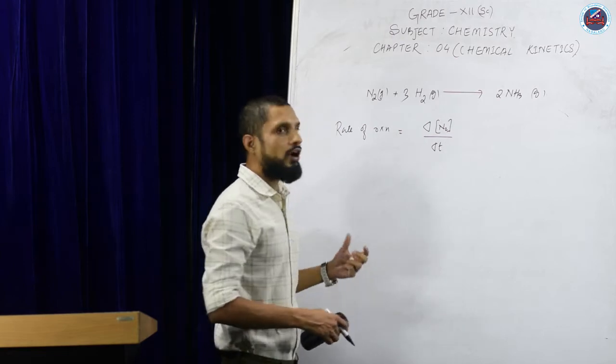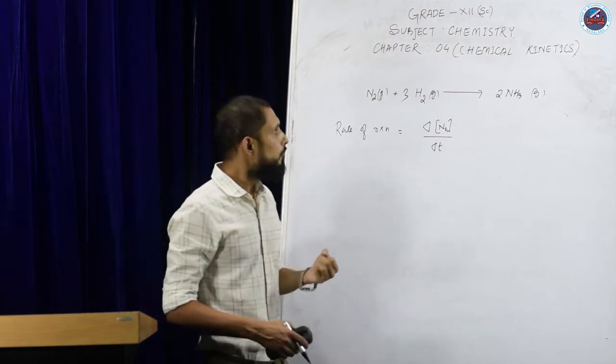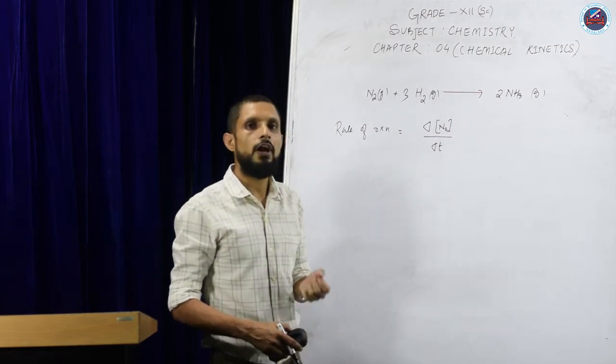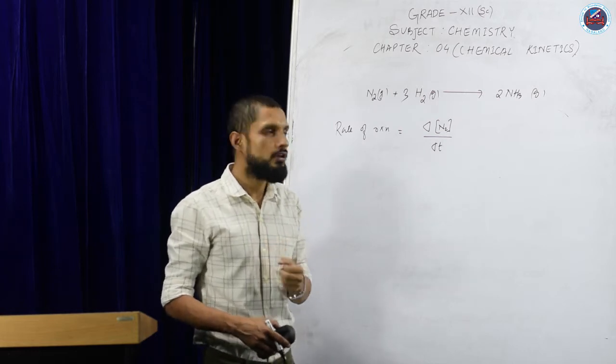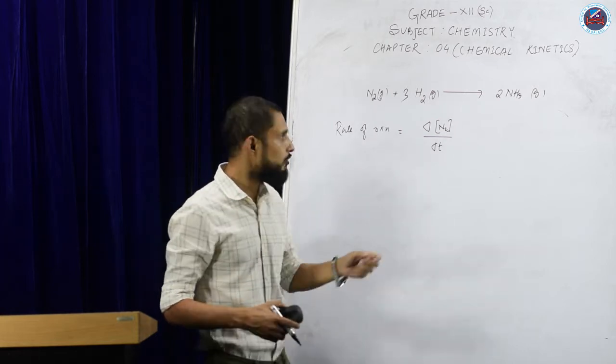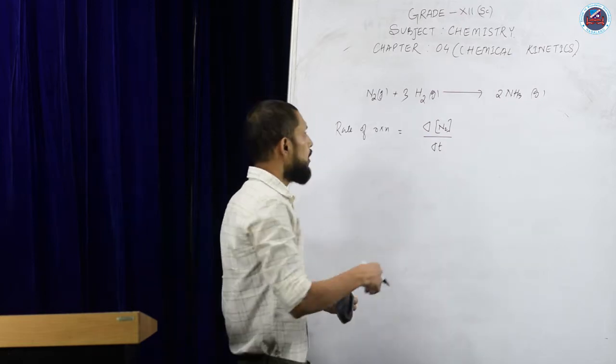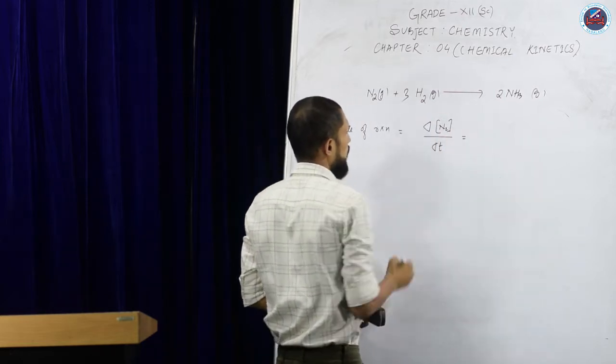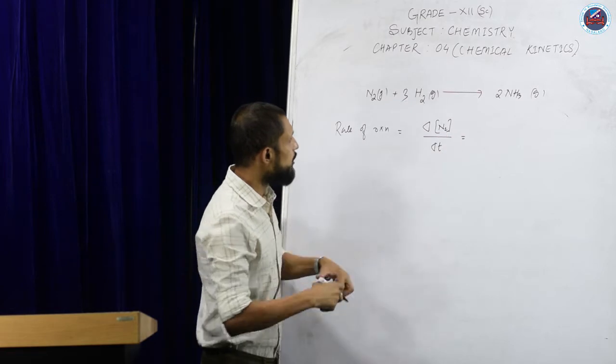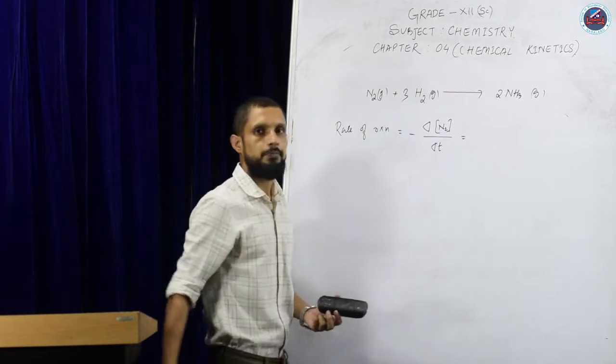So when we write the rate of reaction for such reactions where you have stoichiometric coefficient, we have to reduce the rate in order to write equal sign. Is equal to. Now since this is a reactant, we put here negative sign.